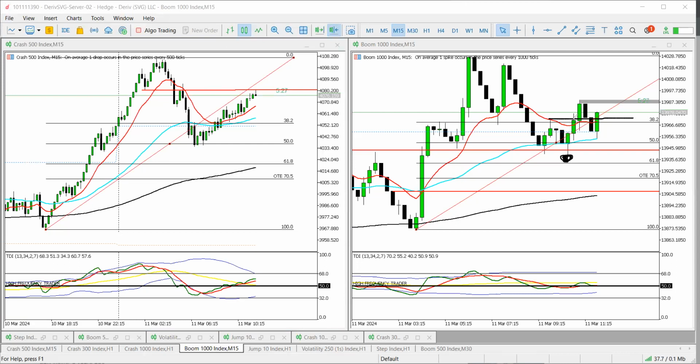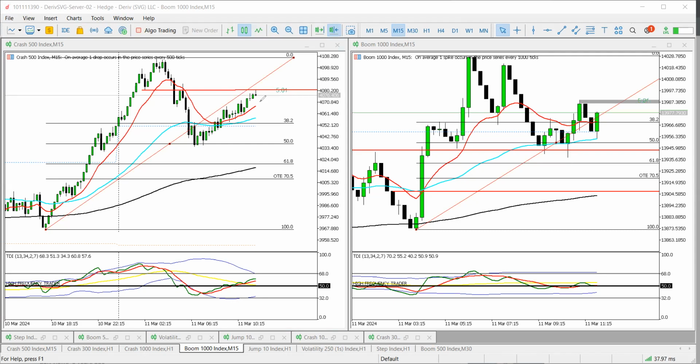This would be my order block area. Price broke, came back, retested. This looks like a flip zone because this is yesterday's high. So if price breaks above 13,990, I'm buying B1, and I'll just be looking for a short-term buy there. If I can get 30 to 40 pips, that will still be perfect.